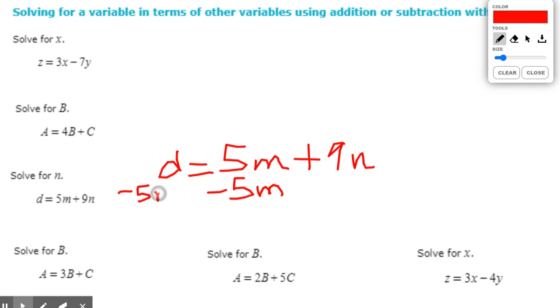By doing so, I'm a little bit closer to getting that 9N by itself like I want. So now I have D minus 5M is equal to 9N.